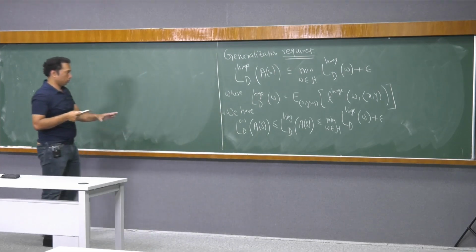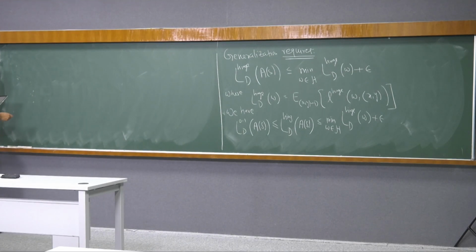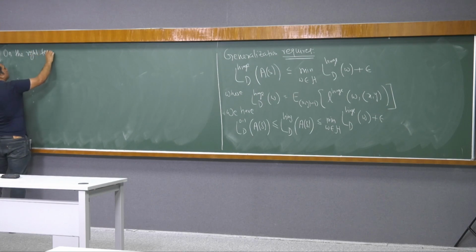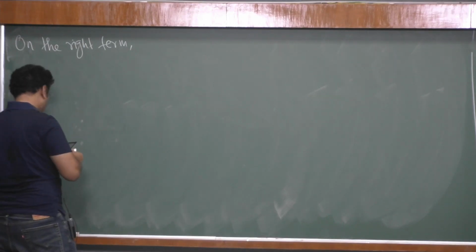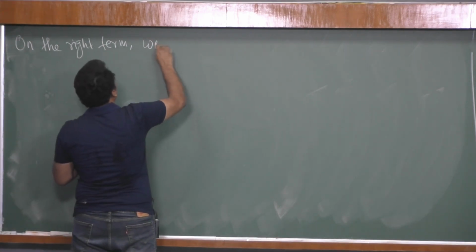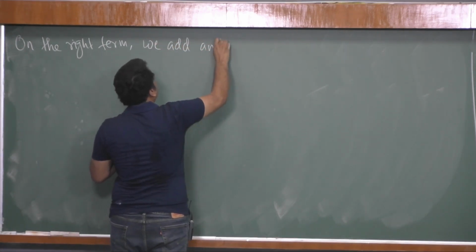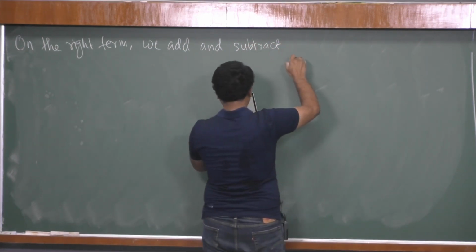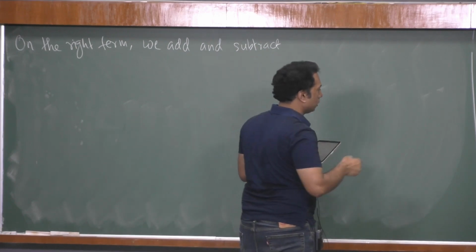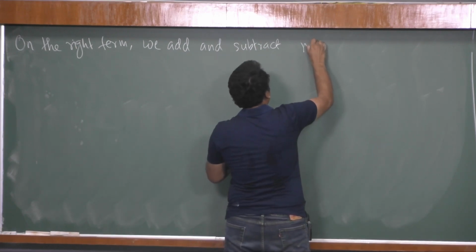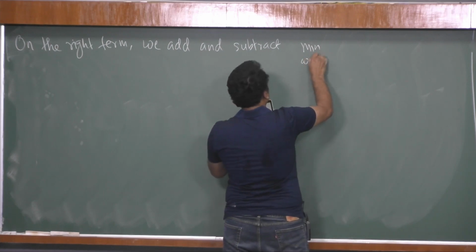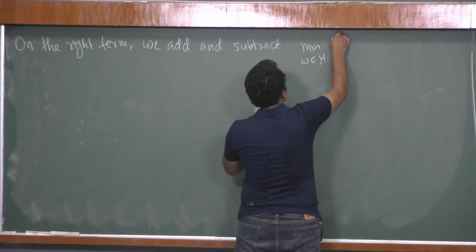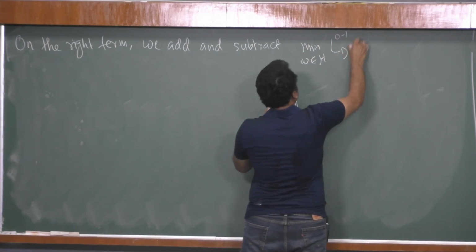Okay, add and subtract on the right hand side, on the right term. We will add and subtract the term which is the minimum over W in H of L 0-1 D W.